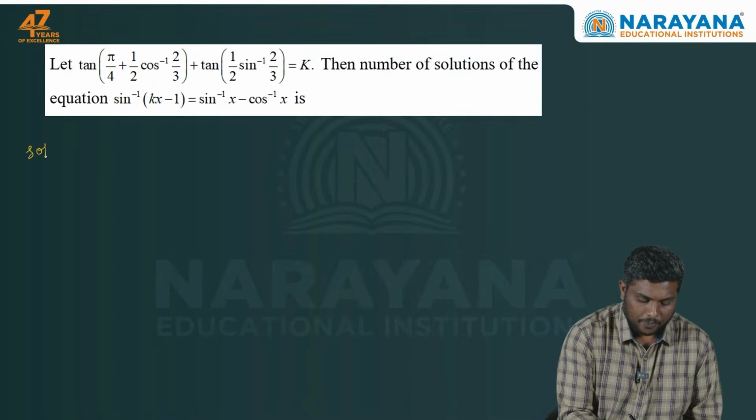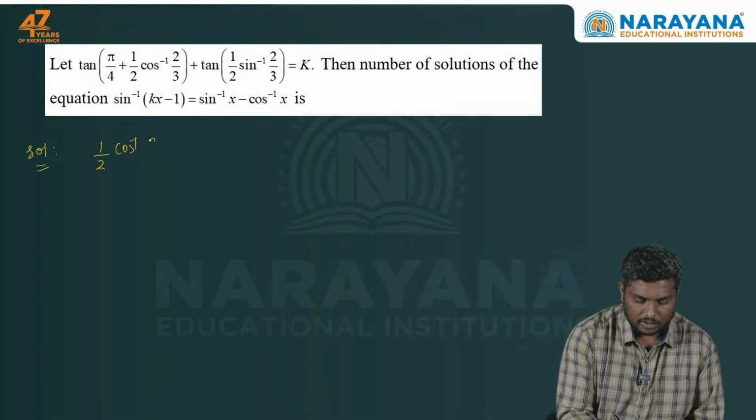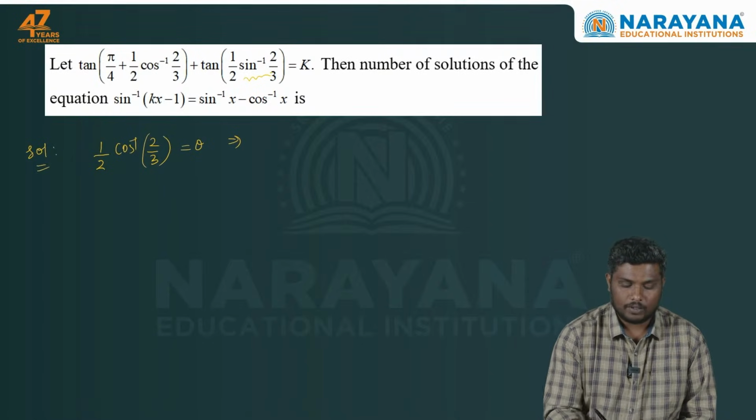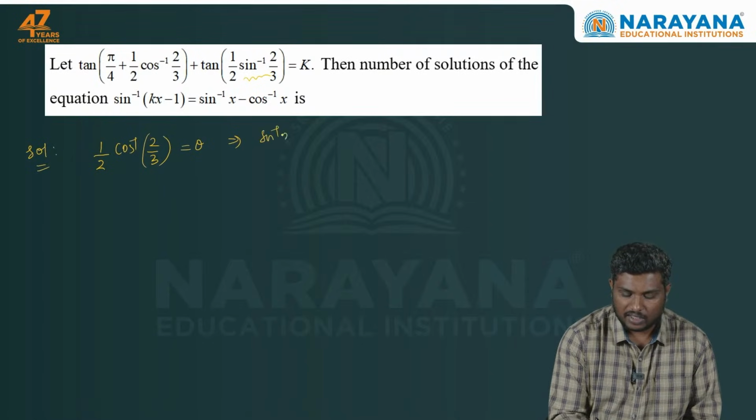Let the value of this one be k. So guys, I am going to take half cos inverse 2 by 3 as some theta, and the second part, if you observe, sin inverse 2 by 3, by the identity we all know that sin inverse x plus cos inverse x is equal to pi by 2 for all x belonging to -1 to 1.